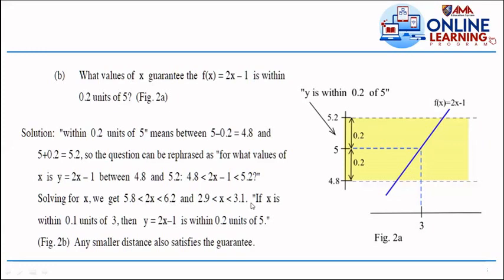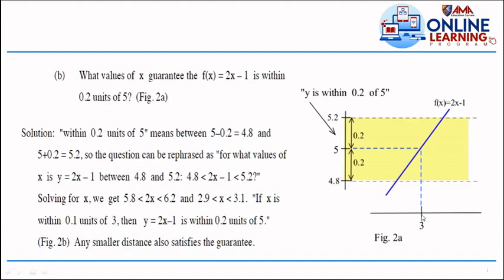Sabi dito, this is our answer. If x is within 0.1 units of 3, then y is equal to 2x minus 1 is within 0.2 units of 5. So therefore, yung x value ng 4.8 po natin is 2.9, tapos yung sa 5.2, ang value niya is 3.1. Kanina, sabi niya 0.1.